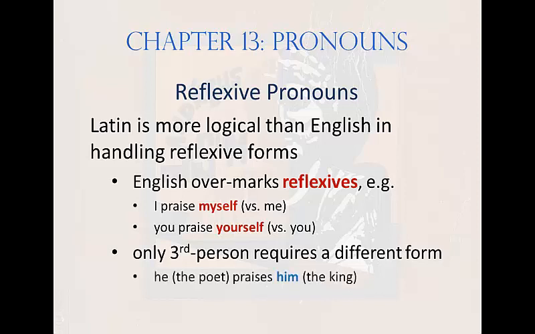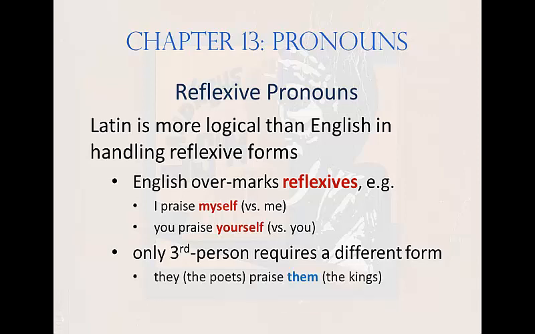For instance, he praises him, meaning the poet praises the king. Here, the him is non-reflexive because it is not the poet praising himself. To make the sentence reflexive, you change him to himself, and you change the thought of the sentence entirely. He praises himself means the poet is praising the poet, not the king.